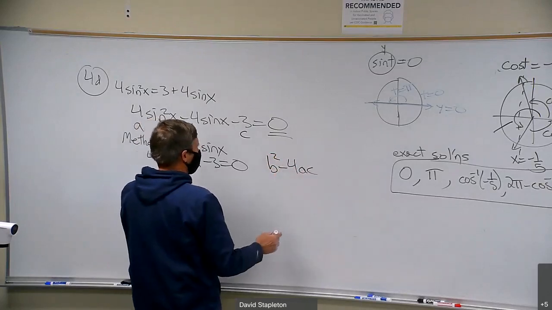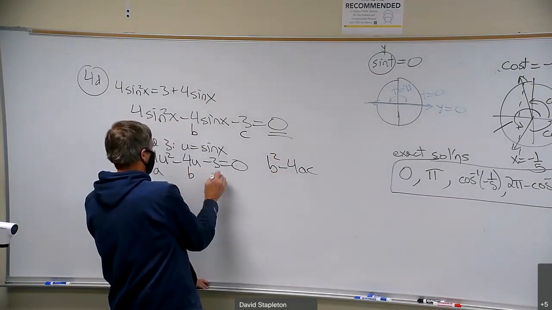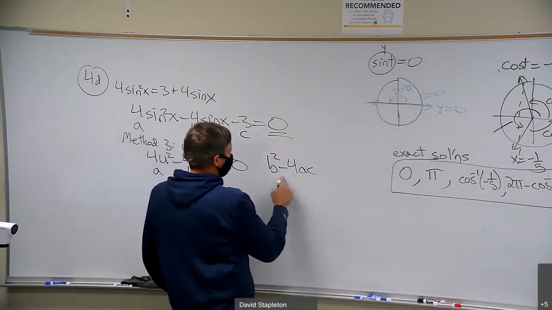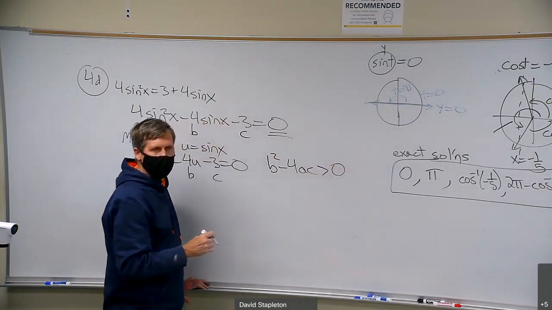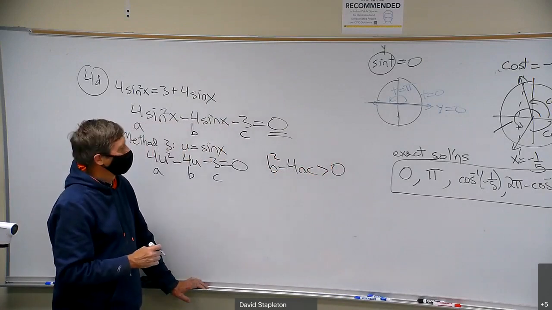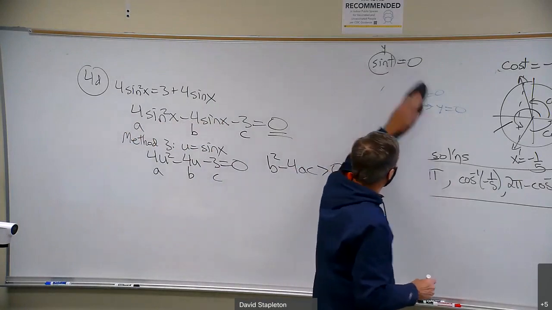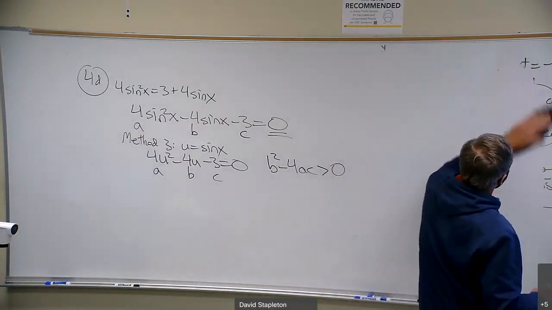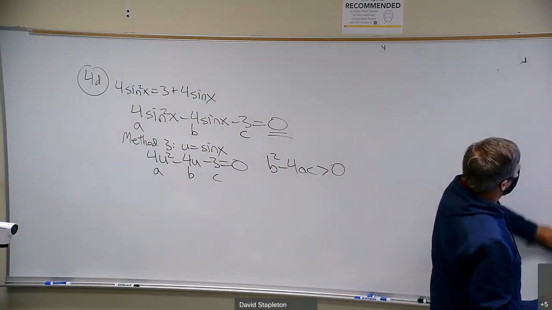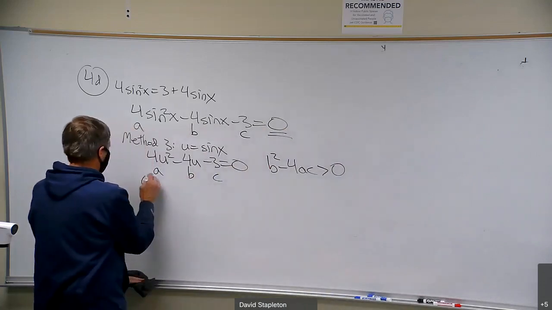On these things, a u squared plus bu plus c equals 0, if b squared minus 4ac is greater than 0, what do you know? The quadratic formula is going to predict there's 2 solutions, right? Because you get a square root of that number and get one solution for plus and one solution for minus.